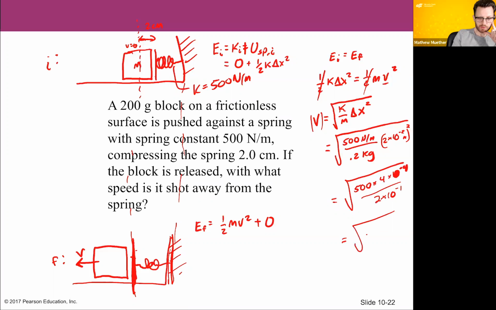So it's like the square root of 500 times 4 times 2 times 10 to the minus 3, something like this. So 500 times 2 is 1,000, times 10 to the minus 3. So this is something like the square root of 1 meter per second. Maybe I did my arithmetic wrong there.